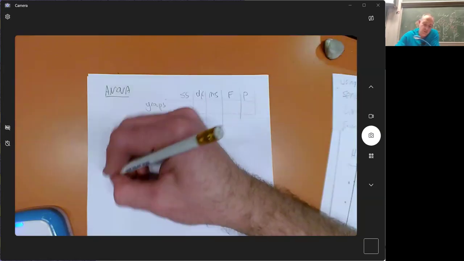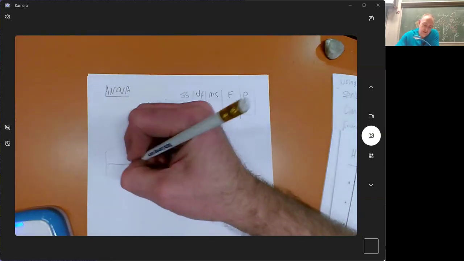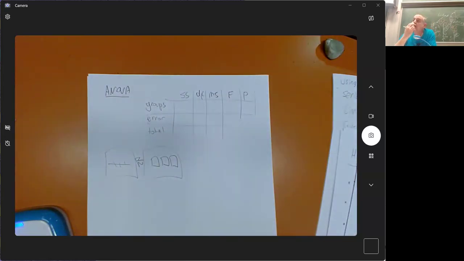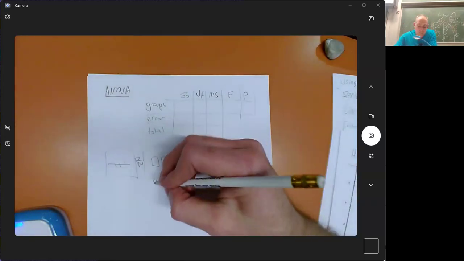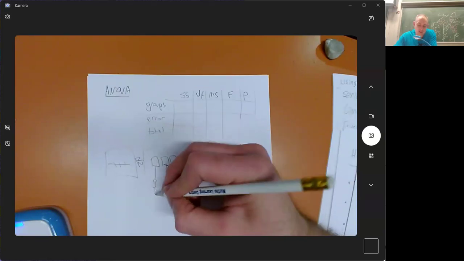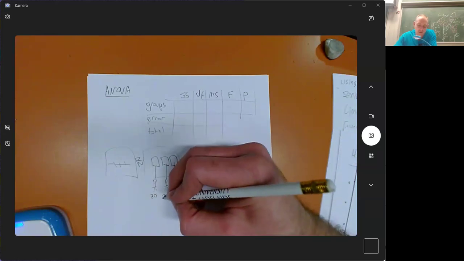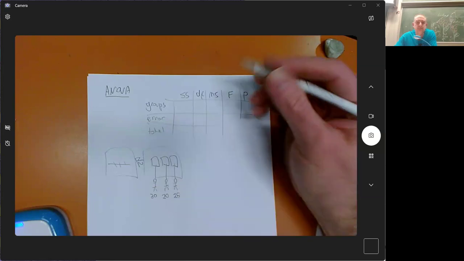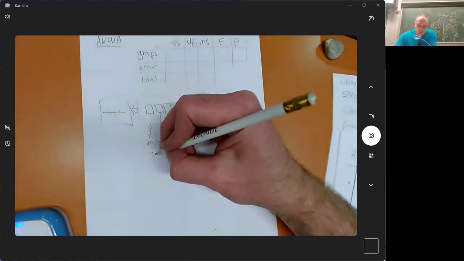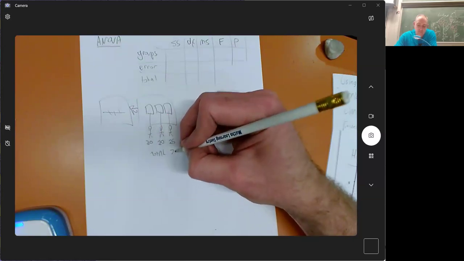So just as an example, if I had this story and I had 3 groups like this, and let's say there's 30 people here and 10 people here and maybe 20 and 25 people here, for a total of 75.